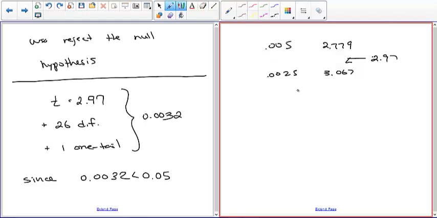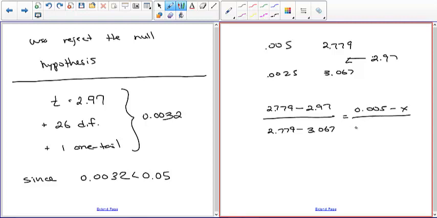So you can work it as a ratio: 2.779 minus 2.97, divided by the total difference, 2.779 minus 3.067, is equal to 0.005 minus x divided by 0.005 minus 0.0025.